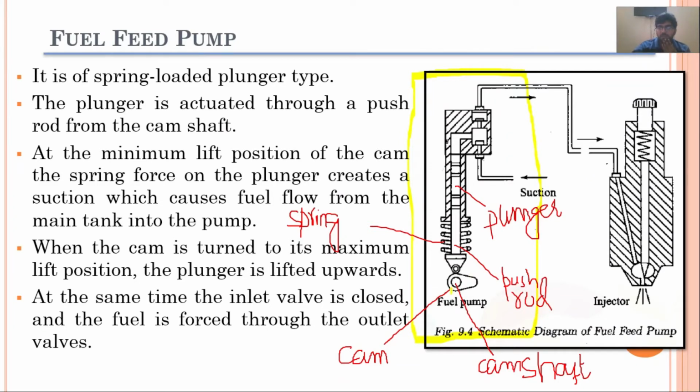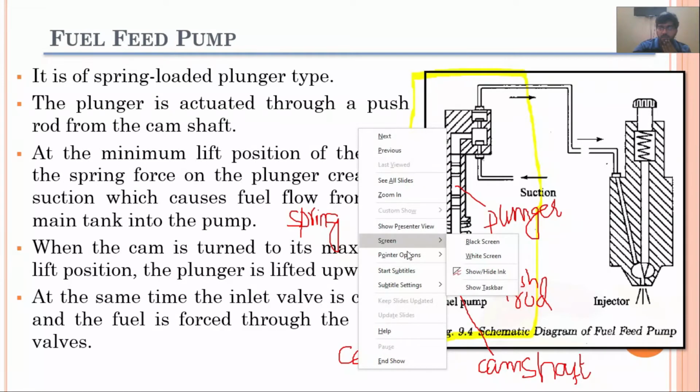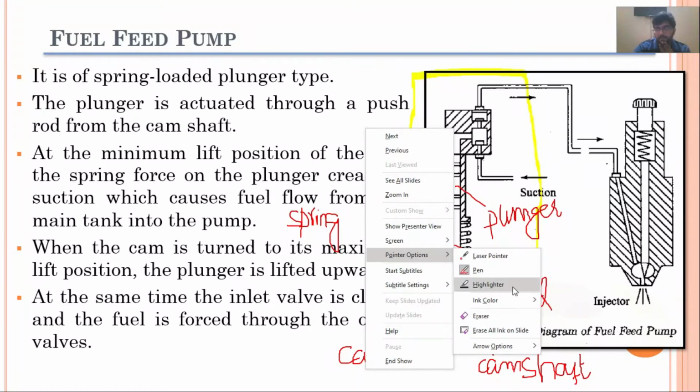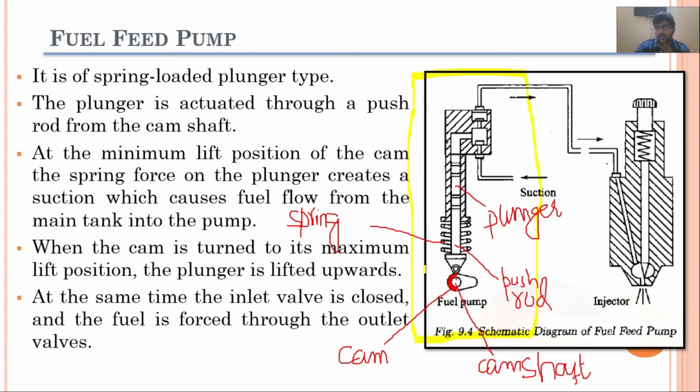So you can see that when this section of the camshaft is in contact with the push rod, this is the minimum lift position. Your push rod is at the minimum point.